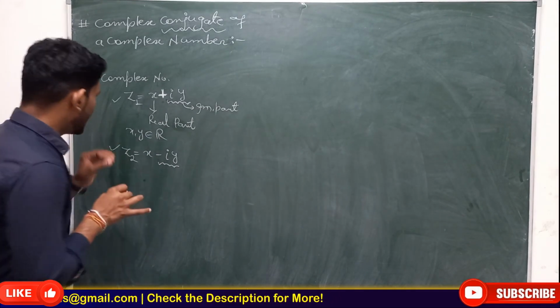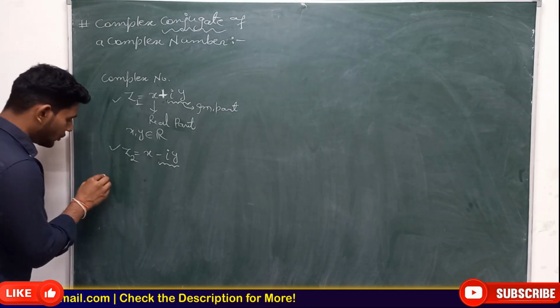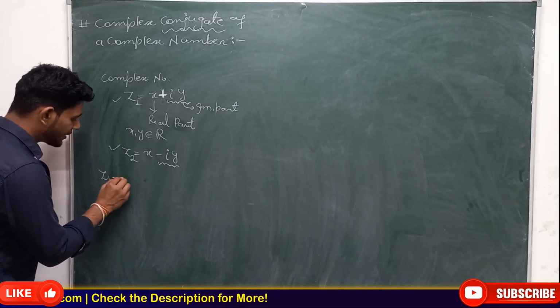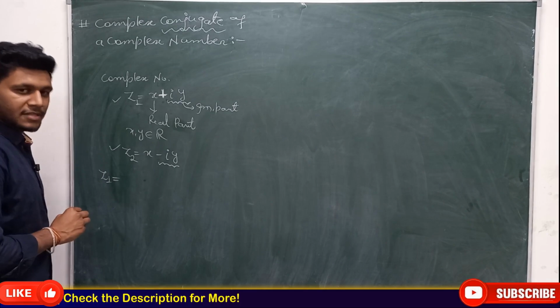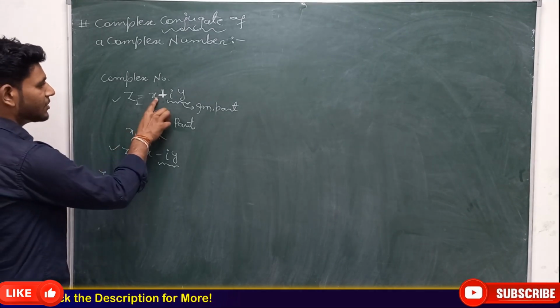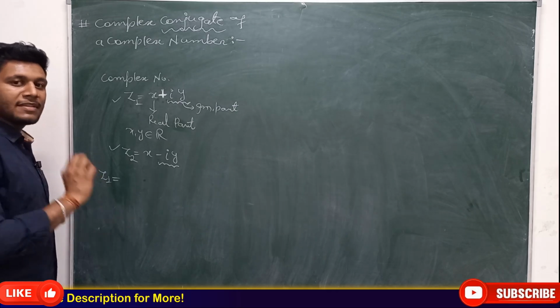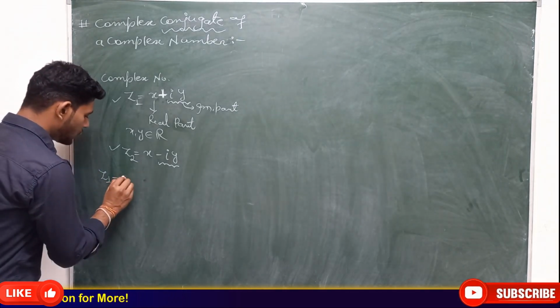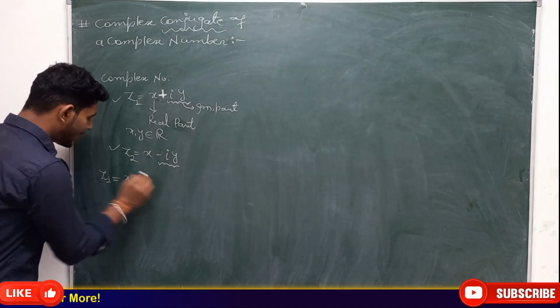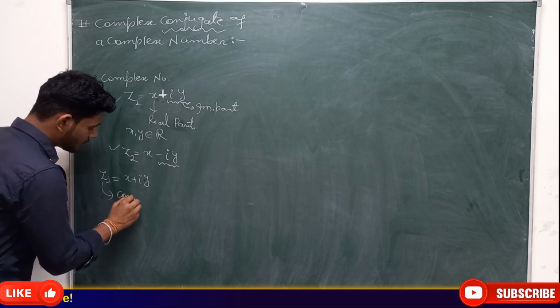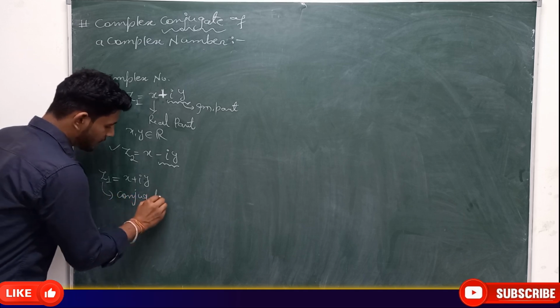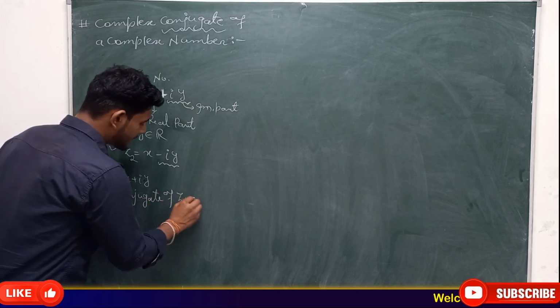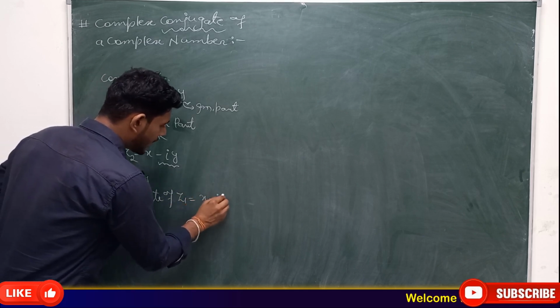यानी कि हम बात करते हैं, सो अगर मैं बोलूँ व्हाट इज द कॉन्जुगेट ऑफ z1, और z1 इज नथिंग बट x प्लस आयोटा y, तो हमेशा क्या करना होता है, आपको इमेजिनरी नंबर का साइन चेंज करना होता है. तो x प्लस आयोटा y, और अगर मैं बोलूँ इसका कॉन्जुगेट, so the conjugate of z1 is nothing but x minus iota y.